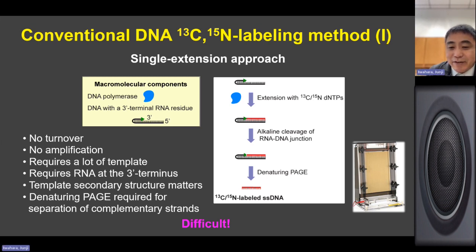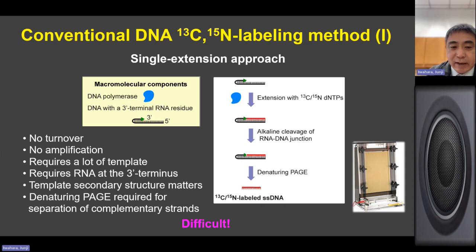This step is extremely challenging, especially for relatively long DNA, because even in the presence of high concentration denaturants, they can still interact. And if you use something like a sequencing gel shown here, still the presence of the complementary strand makes the mobility quite broad. The band becomes very broad due to the interaction.